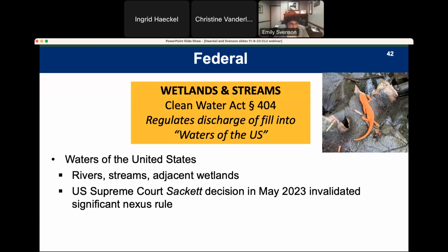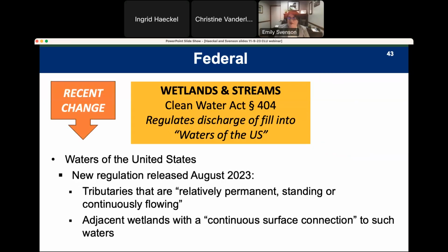So in August 2023, the federal government came out with a new conforming rule to conform to the Sackett decision. So there's a new rule as of August 2023. If you had heard in the past about the significant nexus rule, that's no longer a thing. I'm going to tell you what the rule is now, which came out in the August 2023 regulation.